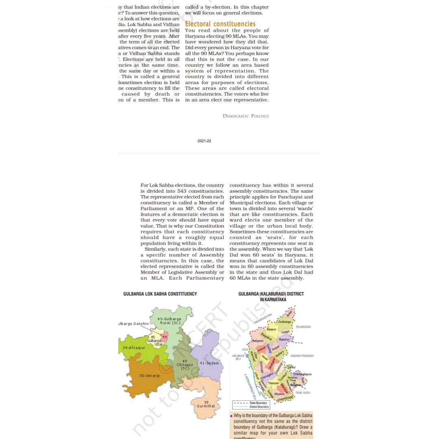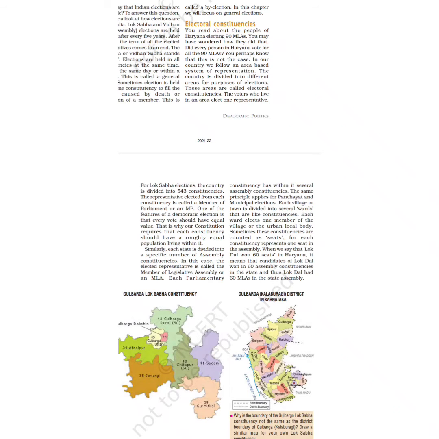Now, for example, for Lok Sabha elections, the country is divided into 543 constituencies. So we have 543 constituencies in the Lok Sabha elections, and the representative elected from a constituency is called a member of parliament.